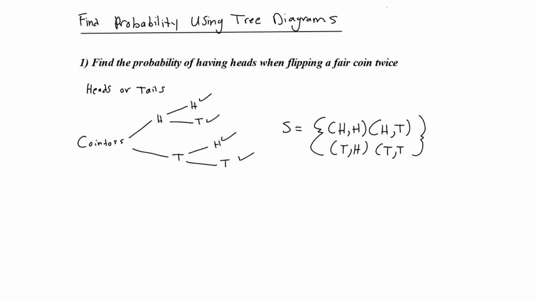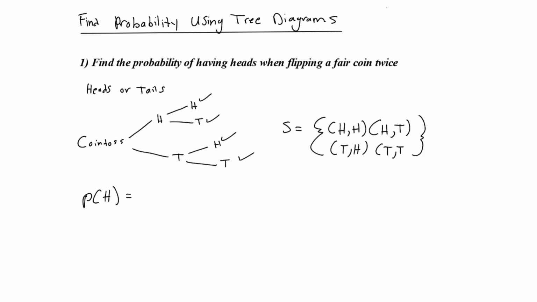Now, the question asks us to find the probability of having heads when flipping a fair coin twice. So we're just looking at the probability of head in this case, so we write P of H. What is the probability of getting heads? We look over here, where we can find at least one head.